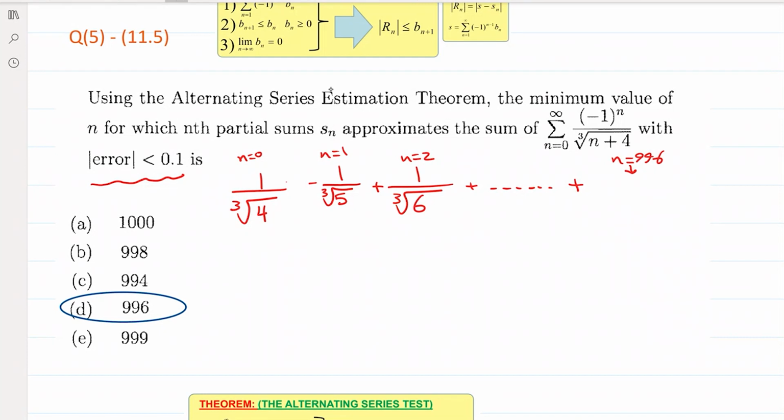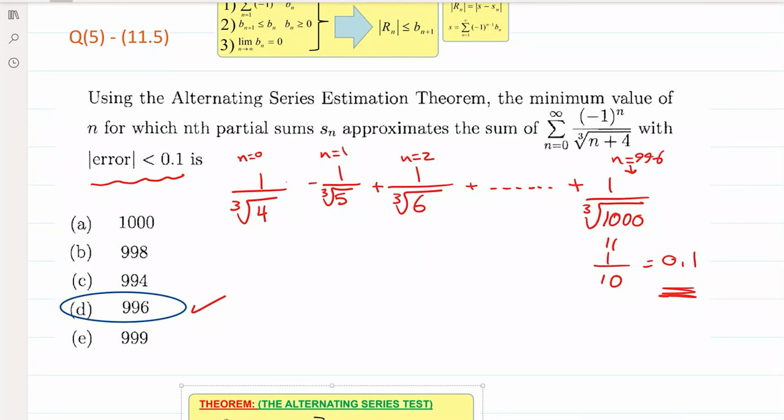Its substitution will be minus 1 to the power 996, which is positive, so it will be 1 over the cube root of 996 plus 4, which is 1000. The cube root of 1000 is 10, so it is 1 over 10, which is 0.1. So at this term, the distance will be less than 0.1, and you choose n equal 996. Is that clear?